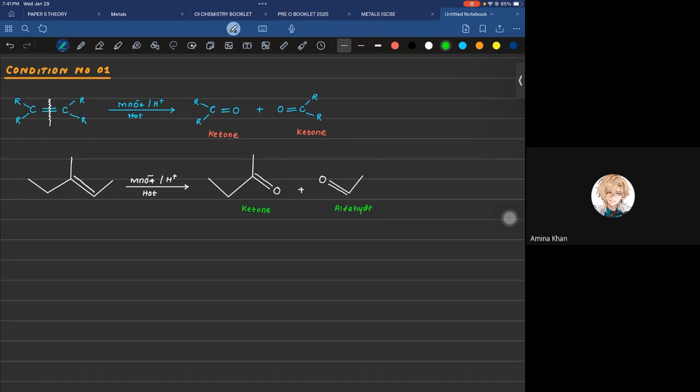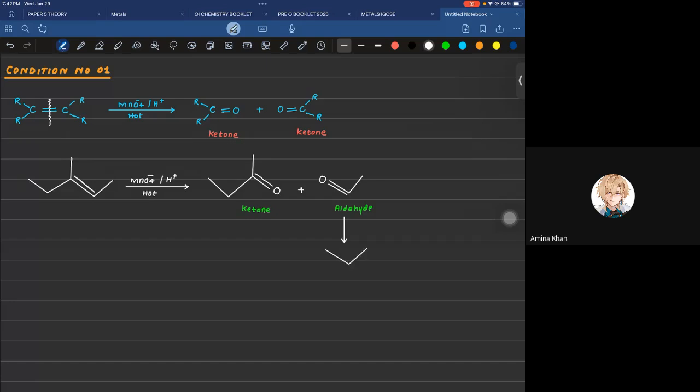I told you that you are not supposed to make aldehyde first. You can write down the final product. So this product would be changing automatically. It would be further oxidized and it would be giving you the carboxylic acid.